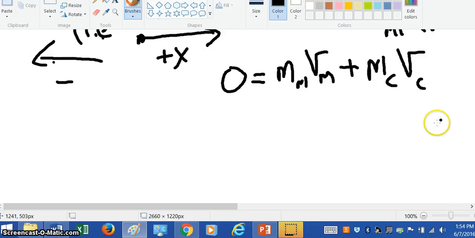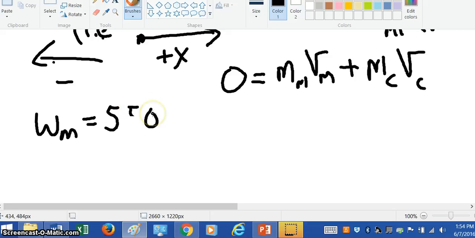And let's say, just for the sake of argument, that the weight of the mother is, I don't know, let's say 550 newtons, and the mass of the child, let's say we already know that the mass of the child is, I don't know, how about 25 kilograms.